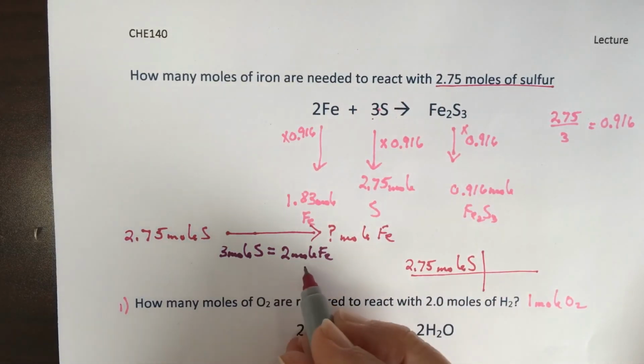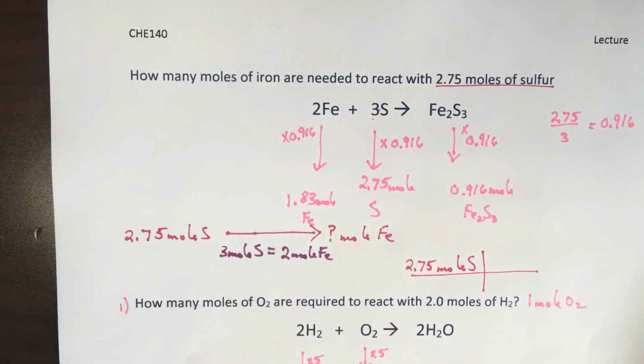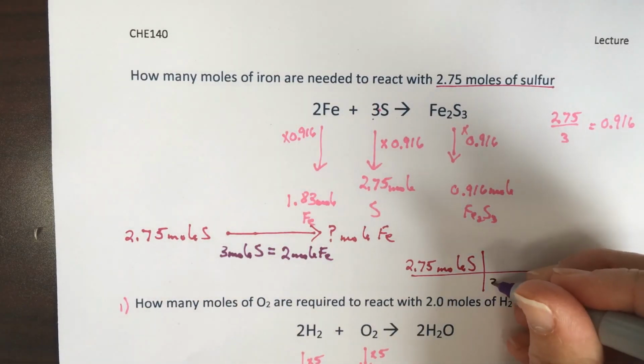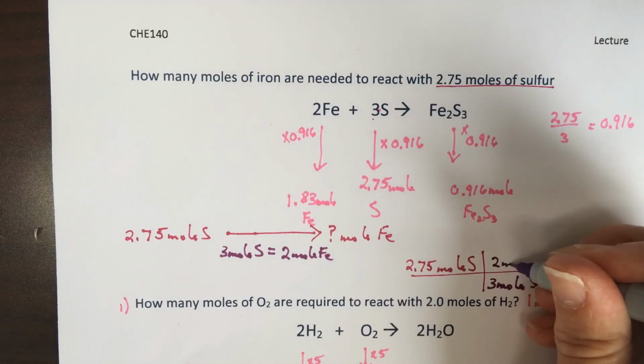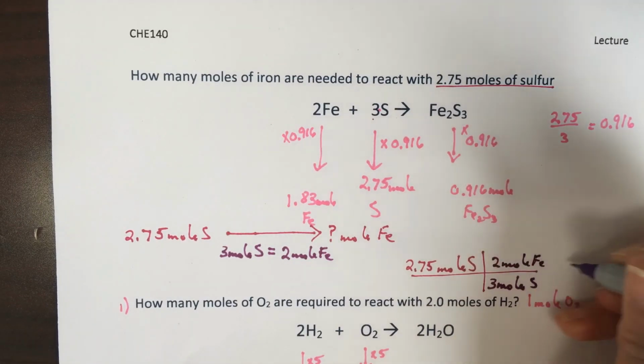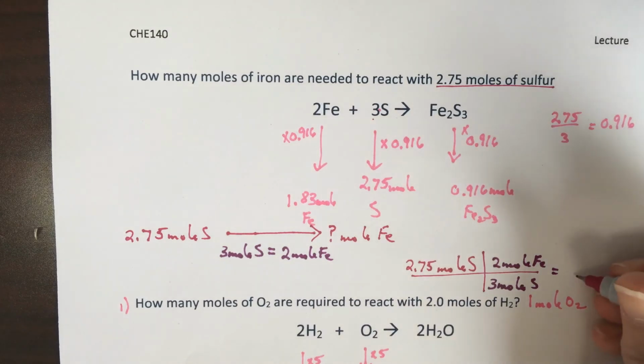Then we're going to use our equality to write a conversion statement. Moles of sulfur is going to go in the bottom. And the 2 moles of iron will go in the top. And we'll get the same answer as we got before. We'll still get the 1.8.